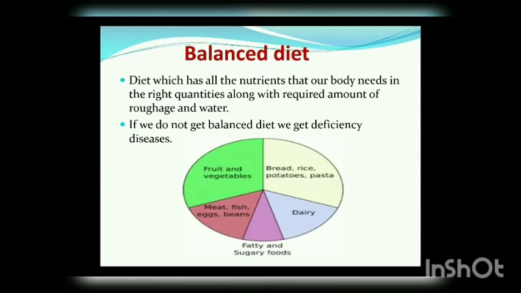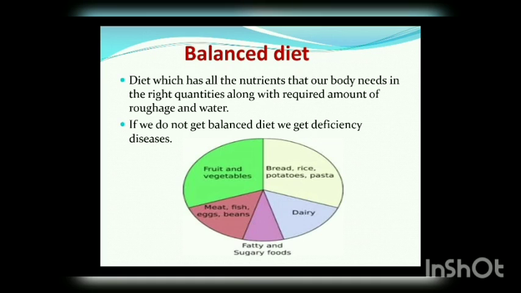Next topic of the chapter is balanced diet. Children, you have read about various components of food. These are carbohydrates, protein, fat, vitamin, mineral, fibers and water. These major components are very essential to make our diet balanced diet.